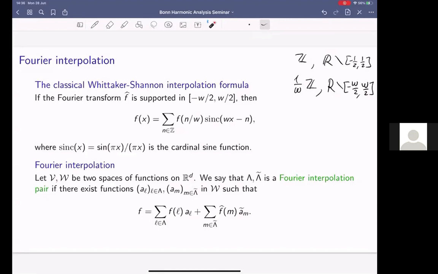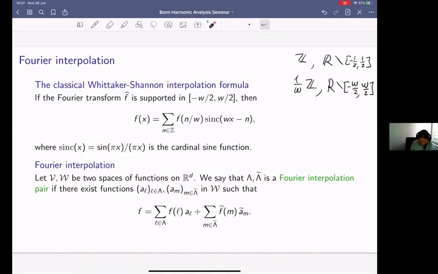The first set of functions is labeled by elements of our first set in the pair, that is, labeled by elements of set lambda. And the second set of functions is labeled by elements of lambda tilde. And we assume that these are functions in our second space of functions W.